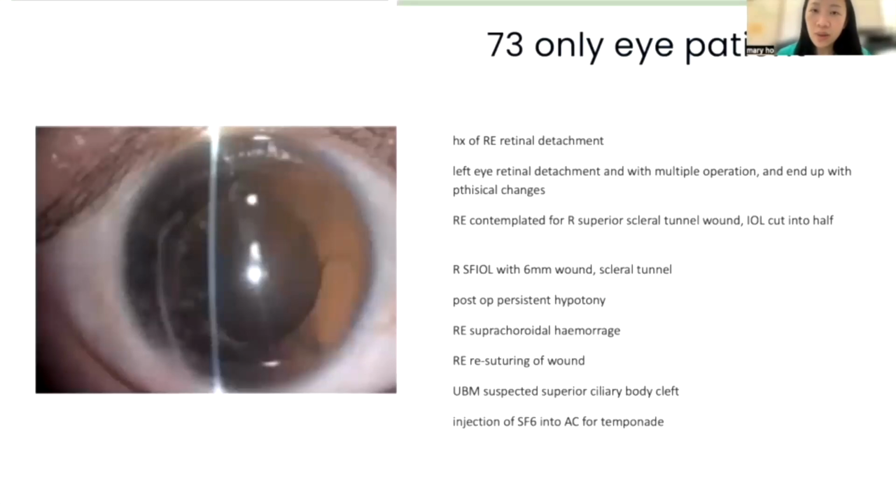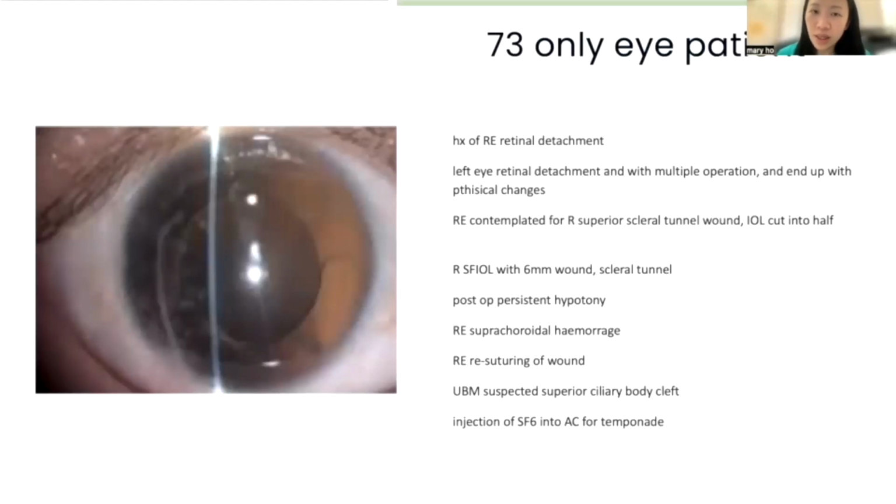For the right eye, the whole IOL complex was dislocated, so I performed a scleral tunnel wound for removal of the IOL complex and insertion of a PMMA, scleral fixated 4-point fixation with 10-0 Prolene. However, postoperatively, the patient developed persistent hypotony, hyphema, vitreous hemorrhage, and choroidal detachment.